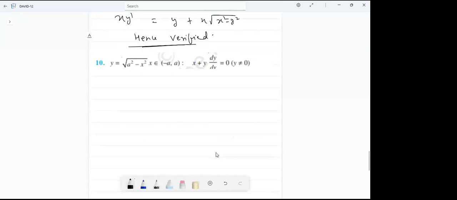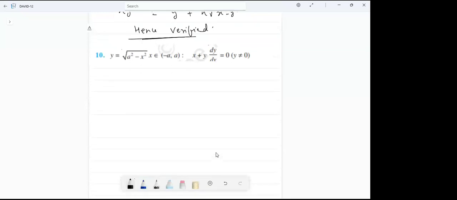We have y equals square root of a square minus x square, and we have to show x plus y dy by dx equals 0. So differentiating with respect to x, the derivative of root x is 1 over 2 root x. In place of x, we write the differentiation of a square minus x square. Derivative of a square is 0 and derivative of minus x square is minus 2x.